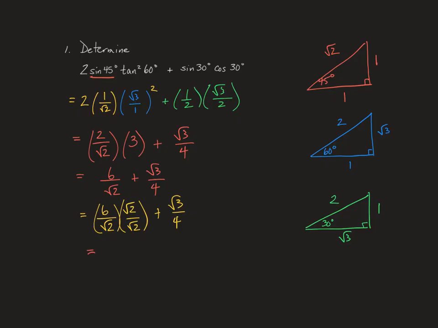So please feel free to come in on something like 6 root 2 over 2. And now to get a common denominator, I should be able to get a denominator of fourths if I double everything in my first numerator and add on my root 3. So hopefully we got down to the same thing, we matched up, and we're good.